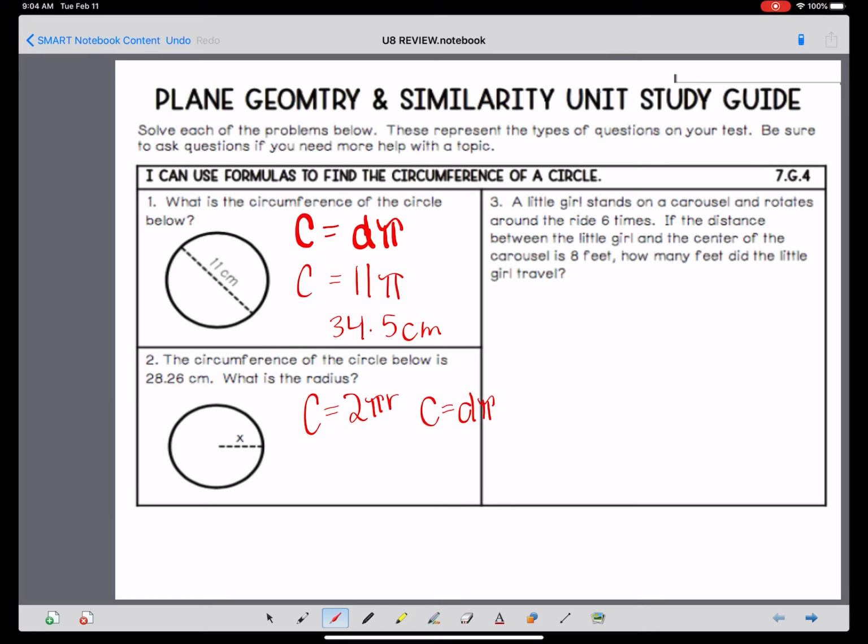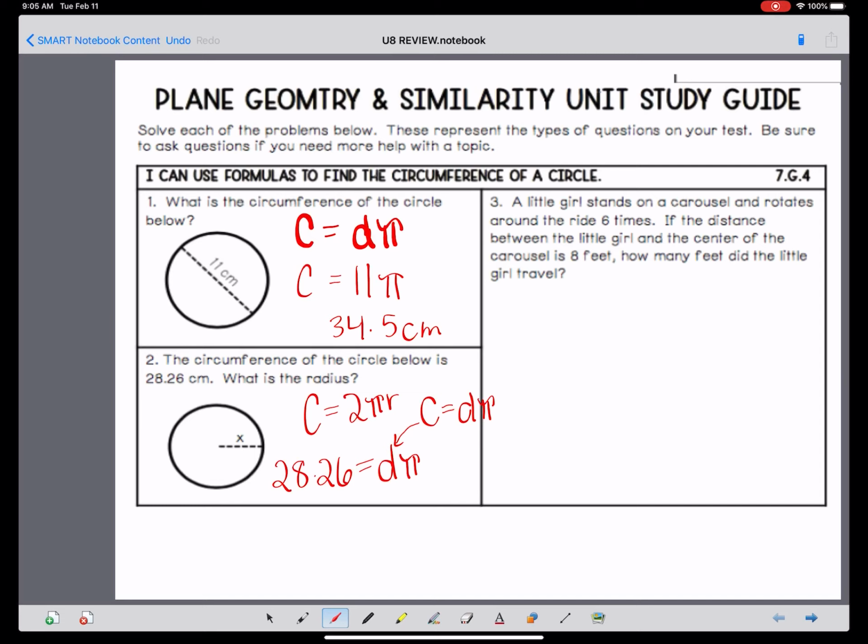Okay, so the circumference of the circle below is 28.26 centimeters. I'm going to plug that in for circumference. So 28.26 is equal to, I'm just going to use the equation that I normally use, the diameter times pi. Now we need to get the diameter all by itself, so we need to get rid of pi.